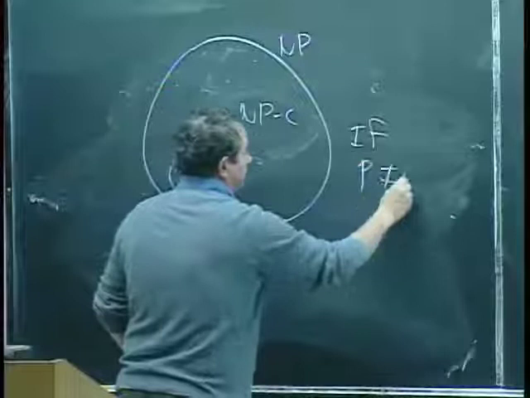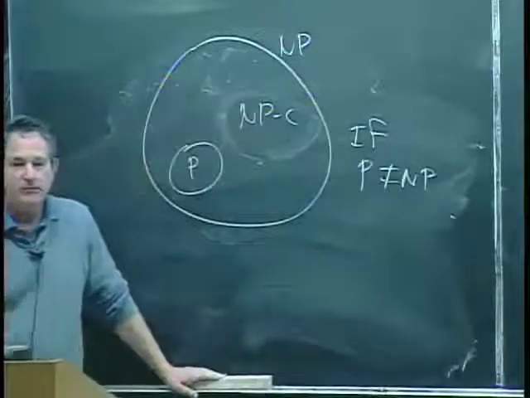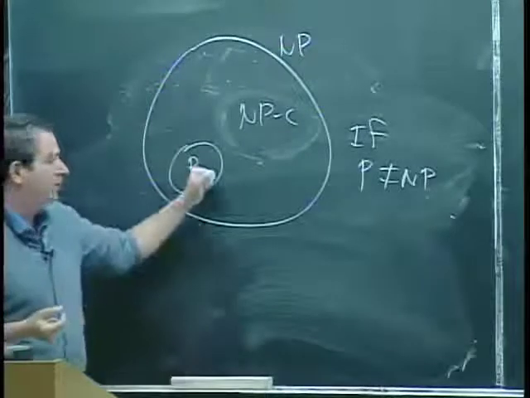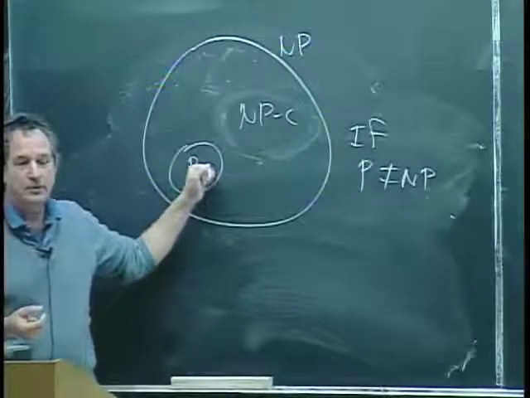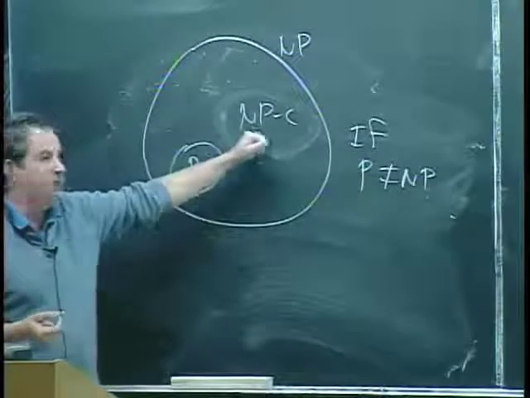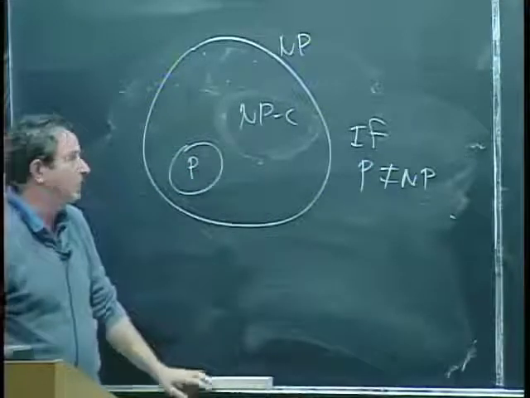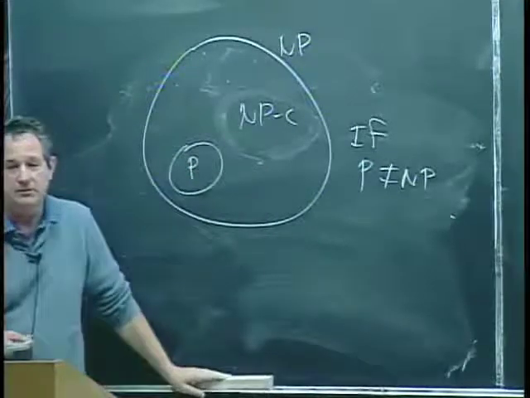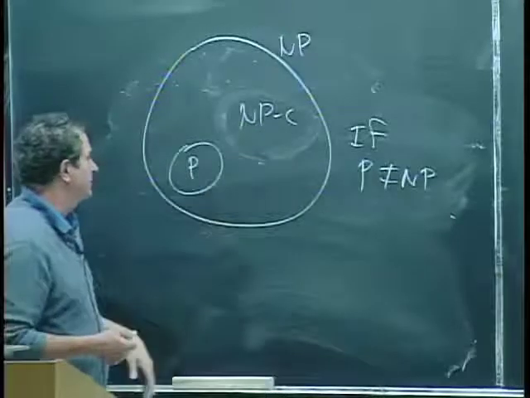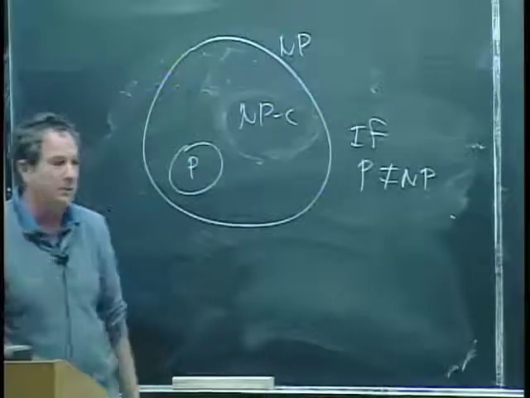Because if you have a problem you're working on and you're trying to show a polynomial time solution to it and you fail, then you'd like to try to prove that it's NP complete. That's strong evidence that you're never going to find a polynomial time solution, so at least you can go on to some other problem.